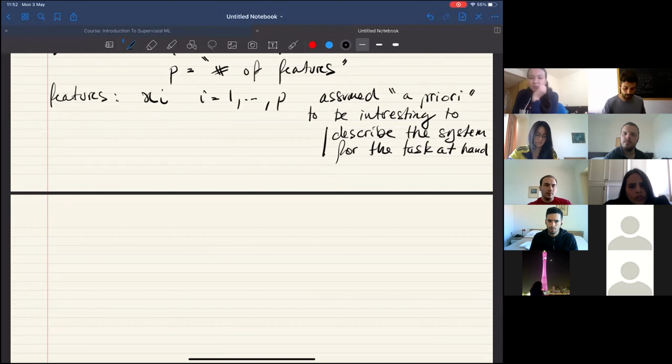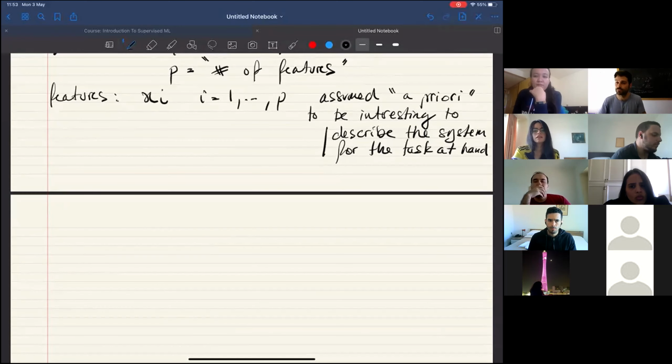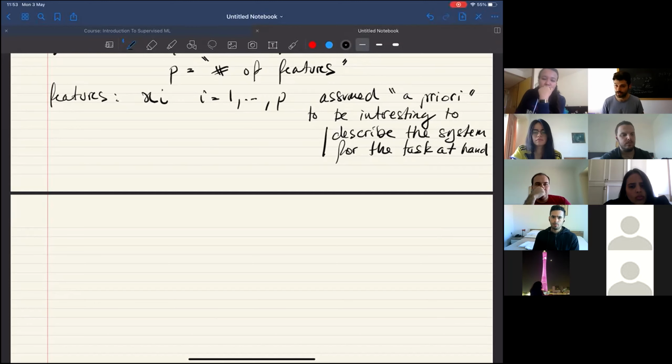I gave you an example of an estimation problem: let's say you have many trajectories of falling objects, and we want to estimate the gravitational constant from the knowledge of the laws of motion. Let's think about another related application.